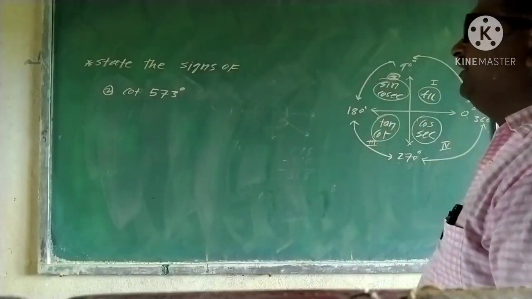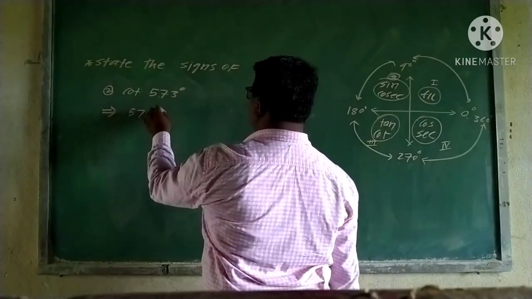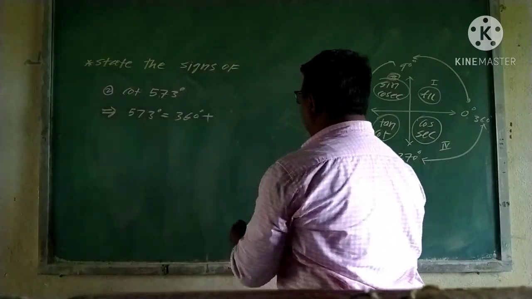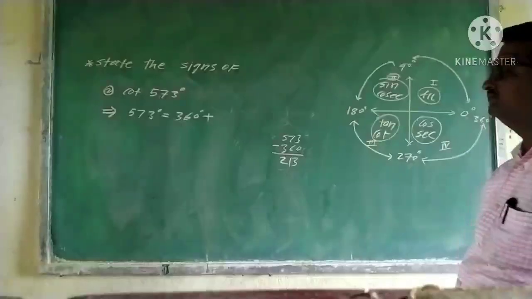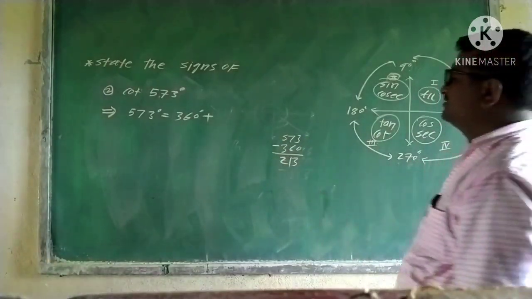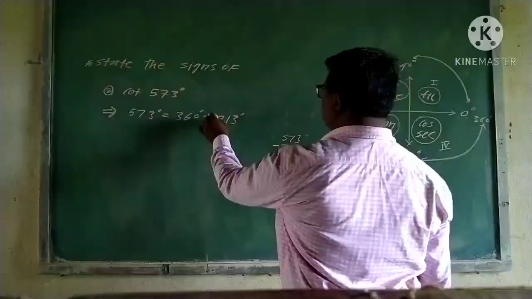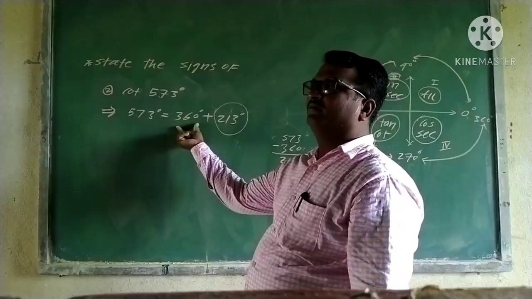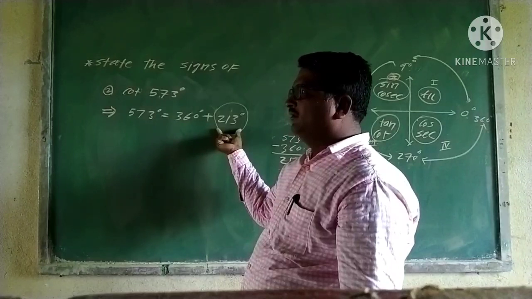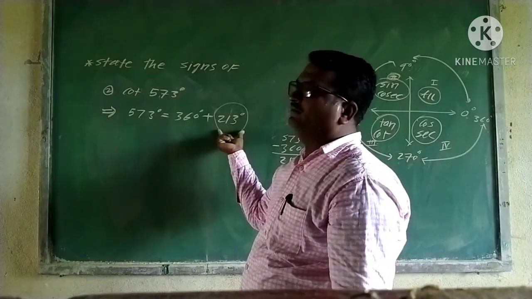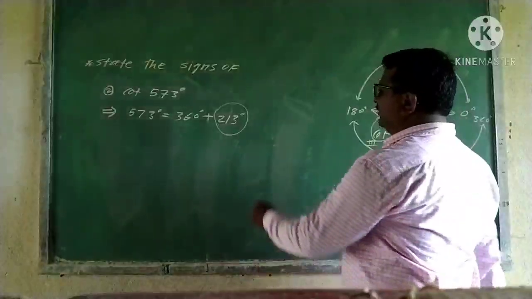Here 573 equals 360 degree plus 213, since 573 minus 360 leaves 213. Because the first part is one revolution, we can say which quadrant the terminal ray lies in by using the remaining angle.